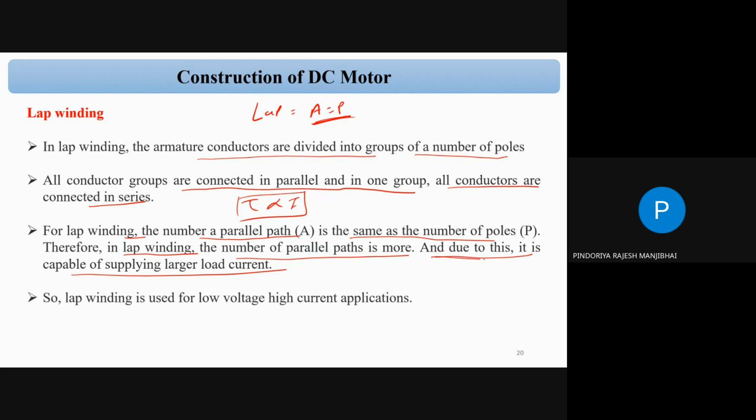This is most important: because of the parallel paths it provides more current, and obviously more current gives more load torque because of this relation. So lap winding is used for low voltage and high current applications. Low voltage because of the parallel connection. In a series connection you get high voltage, but here it is a parallel connection, so high current.